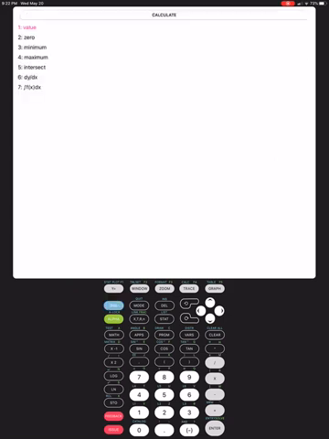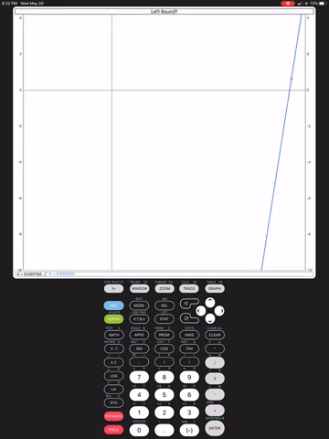Second trace, second calc, is where you find your zero command, your min, max, and intersect commands. These are different commands we'll be using this semester. We talked about zero and intersect back in our section 5 lecture, when we were looking at different ways to check equations graphically. A zero, the location of an x-intercept, can be found by hitting that command.